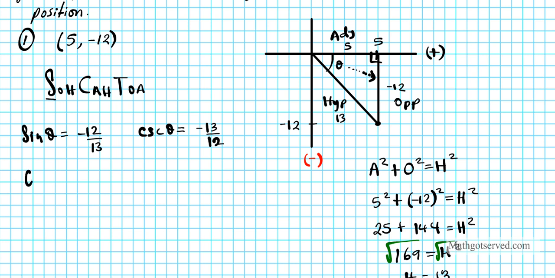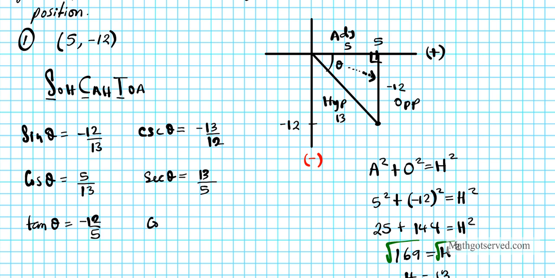Next thing we have is cosine. Cosine theta, from CAH, is adjacent over hypotenuse, so it's going to be 5 over 13. Its reciprocal is secant. Secant theta is the reciprocal of this, which is hypotenuse over adjacent. The tangent of theta is TOA, opposite over adjacent, so the opposite is negative 12 and the adjacent is 5.